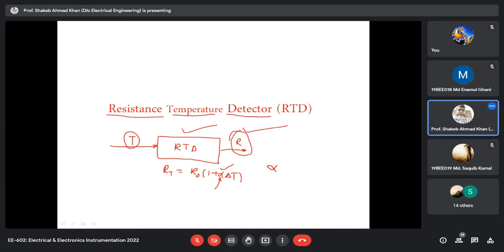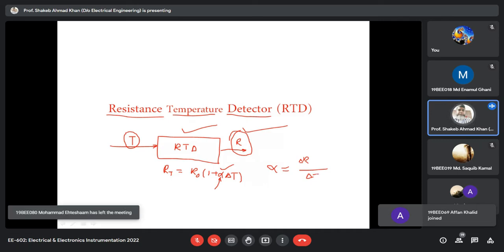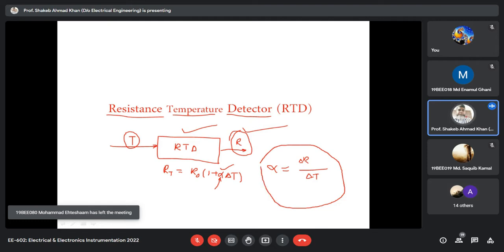Correct. Means alpha from this formula is basically delta R upon delta T. Not exactly, although approximately this is. So what will you call this alpha term, if it is defined by this formula?